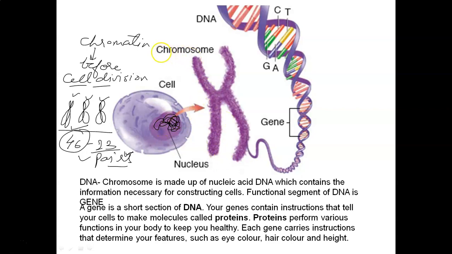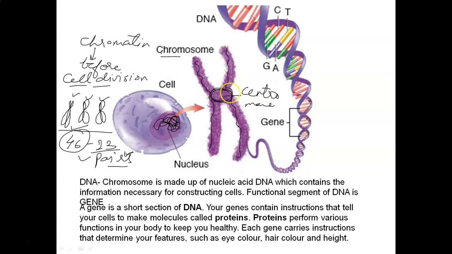So just to mention here that this chromatin network arranges itself in the form of rod-like structure which are known as chromosome. Now this chromosome has, you must have heard the term, that is DNA. And here is the structure which joins the two arms of the chromosome. This is actually known as centromere.